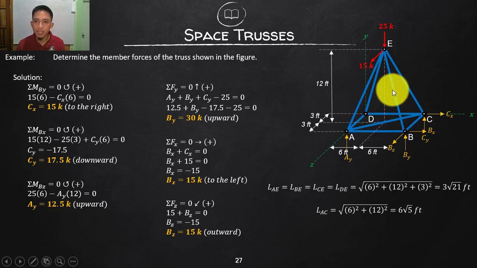So we expect all four to have the same length: LAE, LBE, LCE and LDE. The members AE, BE, CE, and DE have the same lengths.